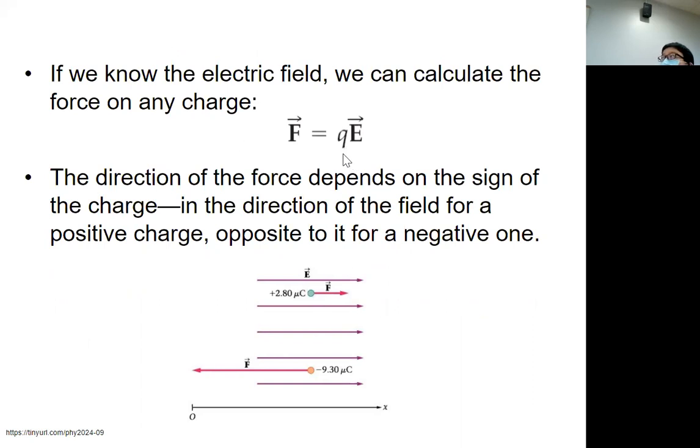This is the difference between electric field and gravitational field. In an electric field, the force produced depends on the sign of the charge, while in a gravitational field, because mass is always positive, you don't get a negative sign there for the force.